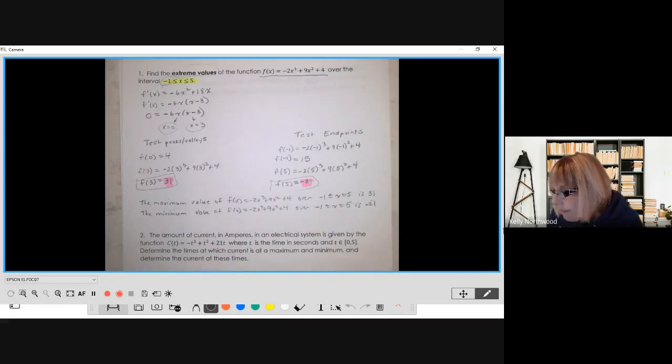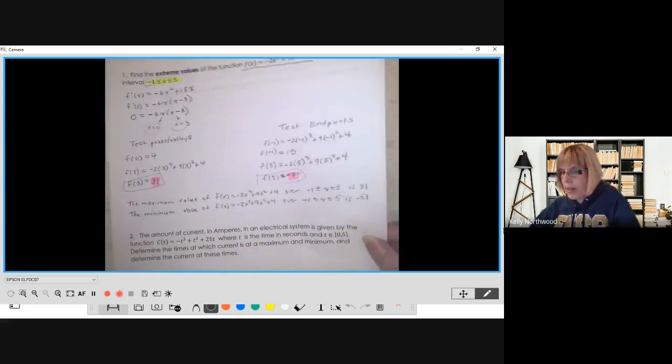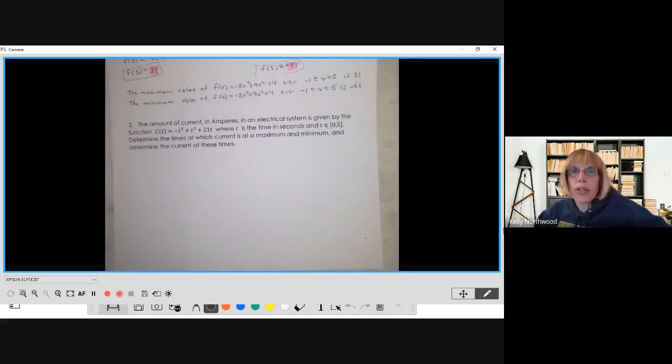Okay. Awesome. All right, so the next one is still very similar, but now there's a little word problem context to it. So the amount of current in amperes in an electrical system is given by the function C at t is -t cubed plus t squared plus 21t, where t is the time in seconds and t belongs to the closed interval 0 to 5.